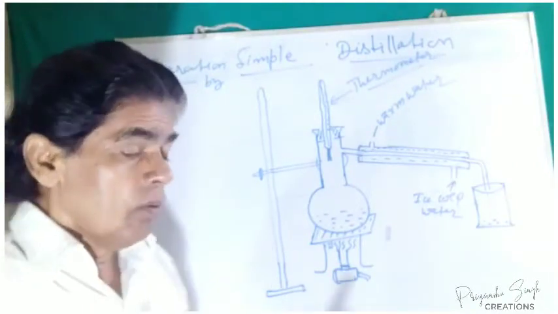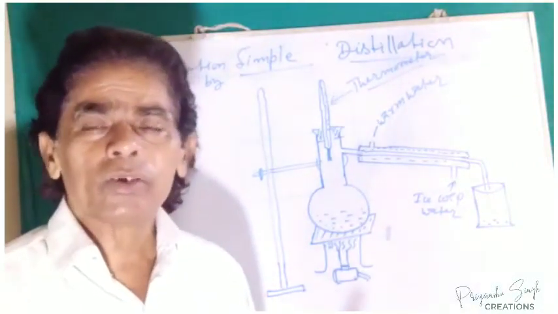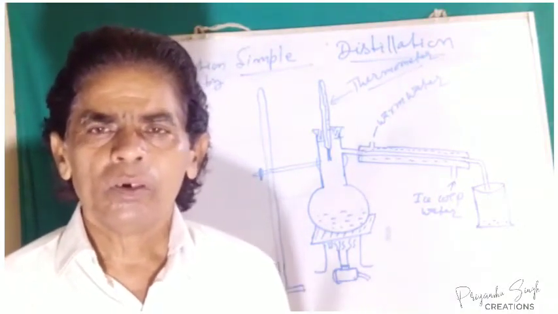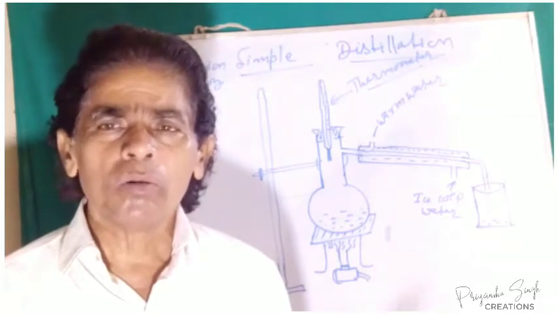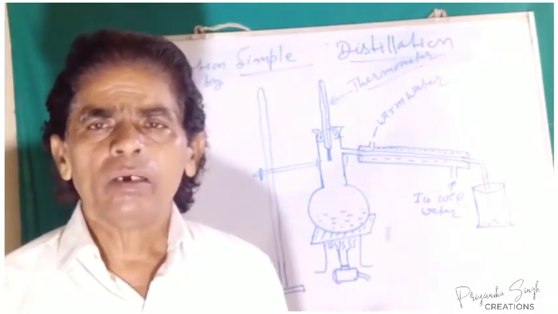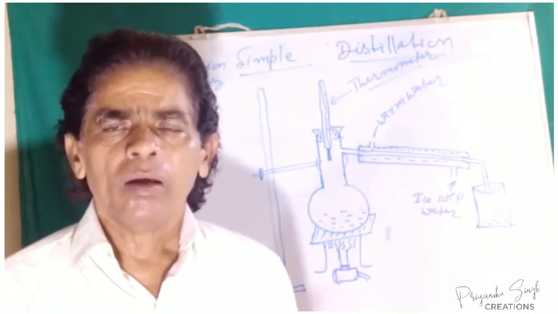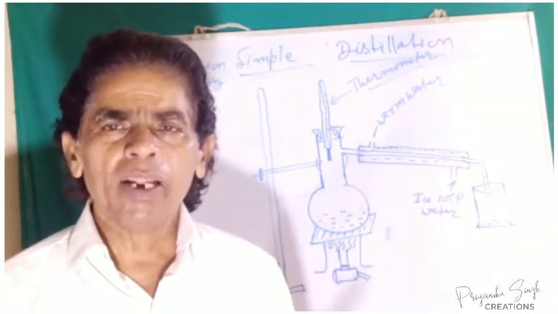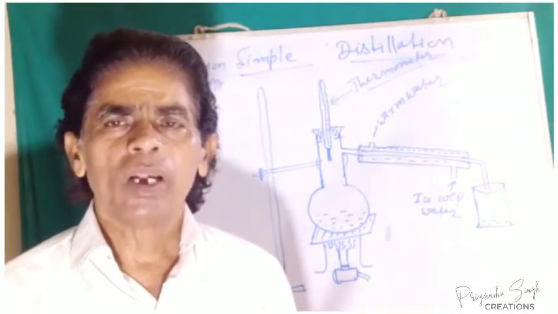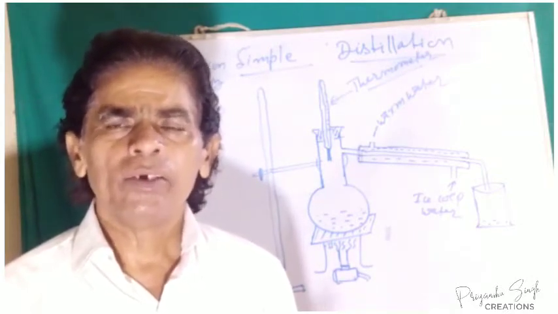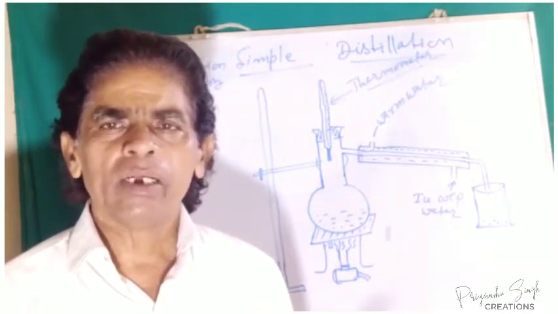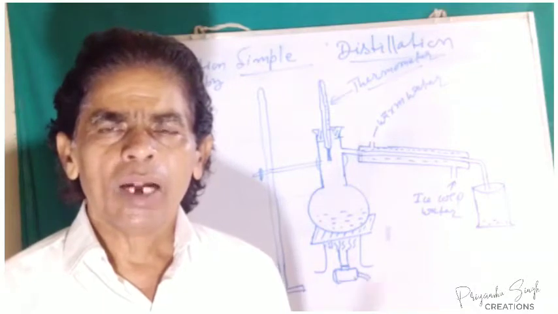Now we are going to discuss the separation of two or more miscible liquids present together whose difference in boiling points is less than 20 degrees Celsius, meaning 10 degrees, 15 degrees, and so on.